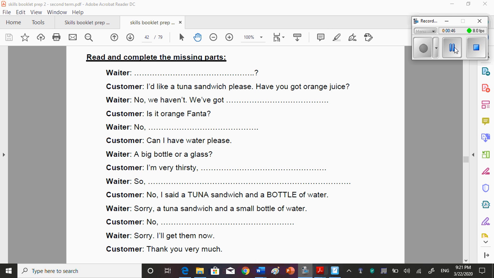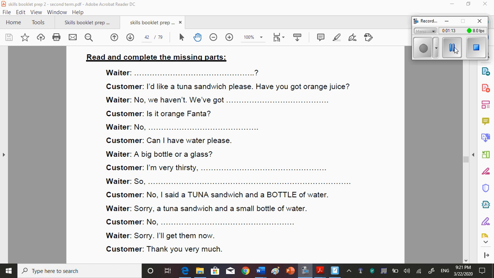Let's start. Waiter: It's a question. Customer: I'd like a tuna sandwich, please. Have you got orange juice? No, we haven't. We have got... Is it orange Fanta? No. Can I have water, please?